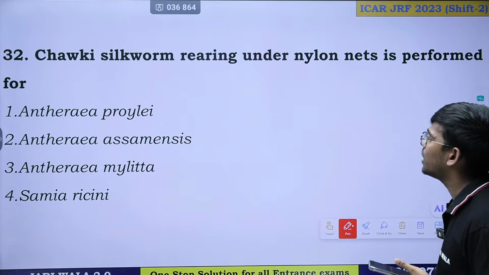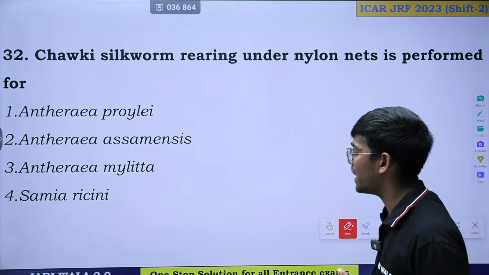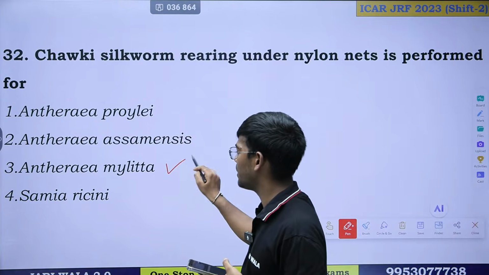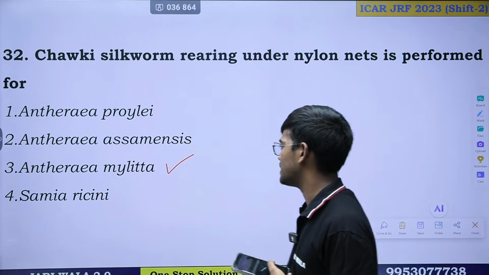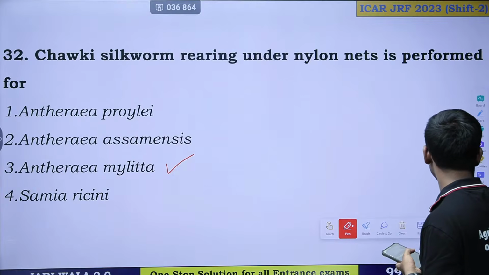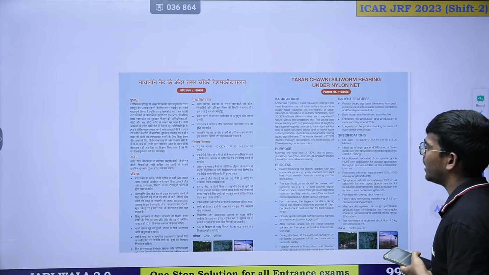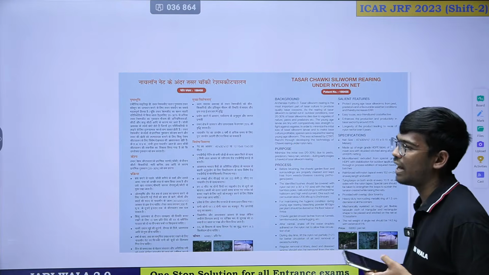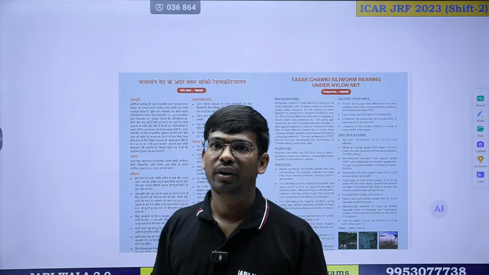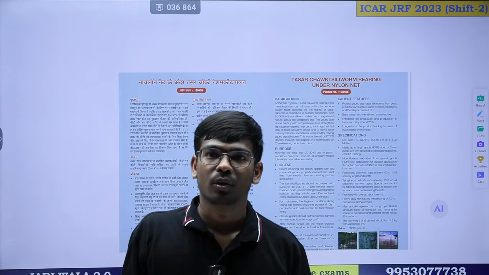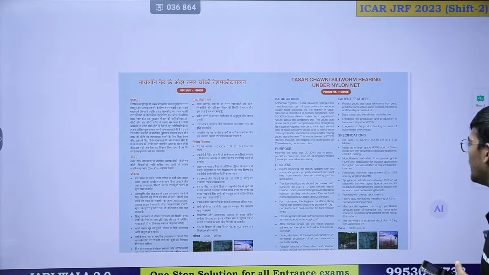No. Chowki silkworm rearing under nylon nets is performed for Antheraea mylitta, the Indian tropical tassar. One interesting thing is why they rear under nylon nets: simply to protect from pests and predators.